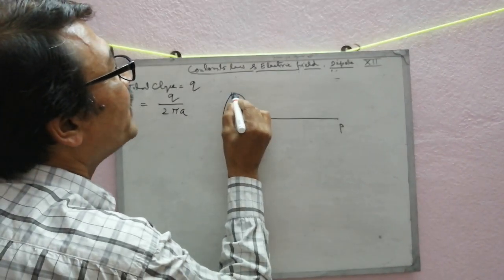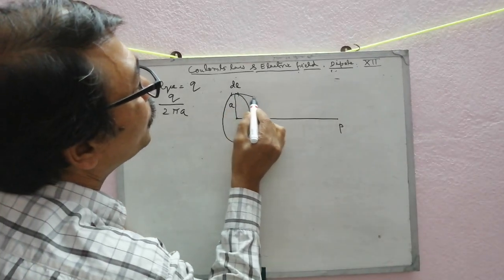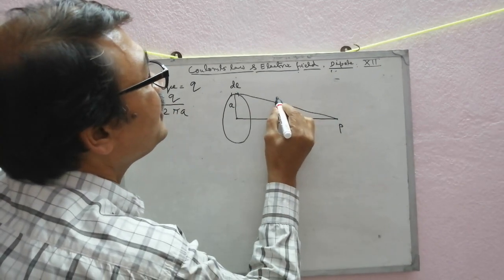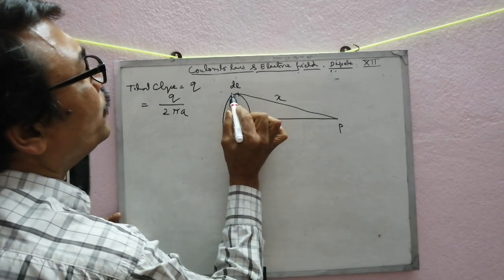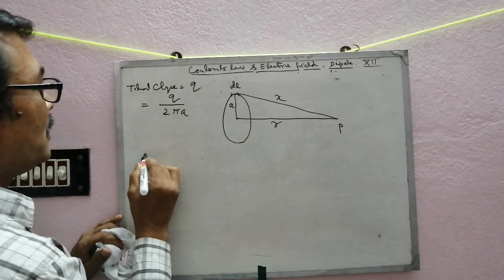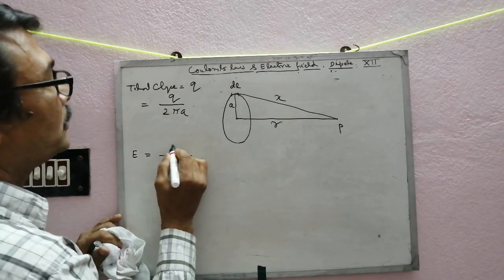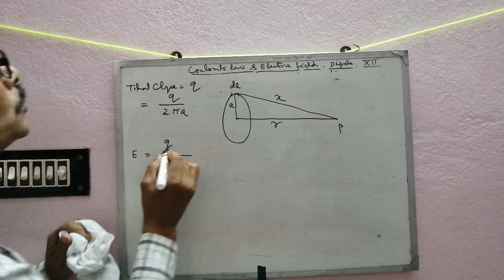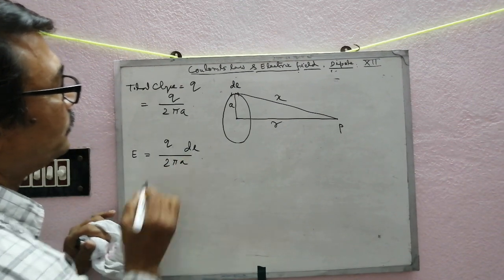A small portion here, dl, from this is R and this is X. So due to this small portion of the charge, the electric field at P equals Q by 2 pi A into dl, total charge.